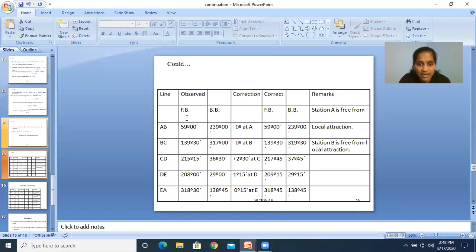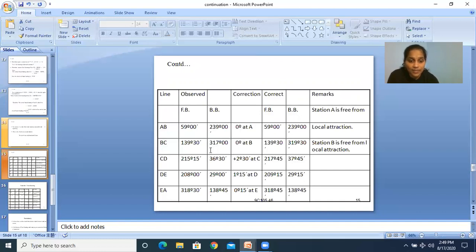For line AB, the observed forebearing is 59 degrees and the back bearing is 239 degrees 45 minutes, and the correction at A is 0 because station A is free from local attraction, so all observed bearings are correct. So the observed and corrected forebearing are all equal.